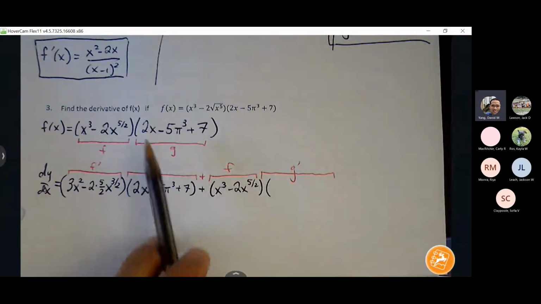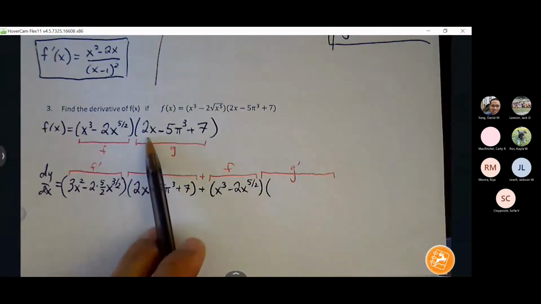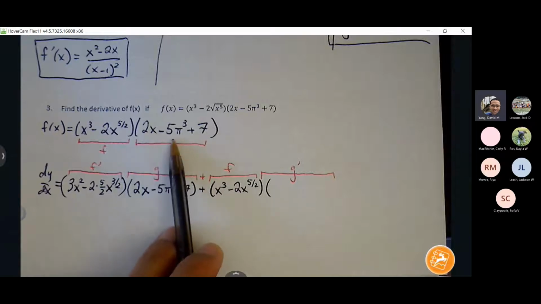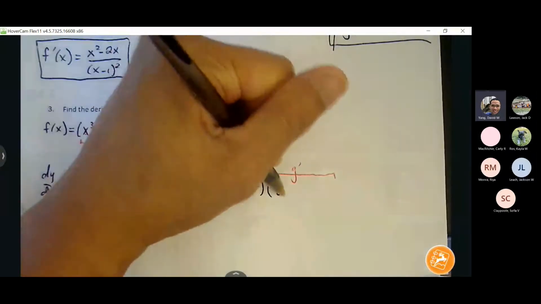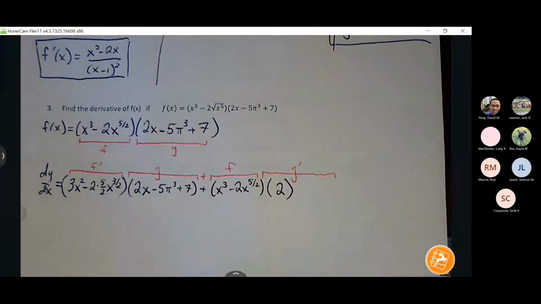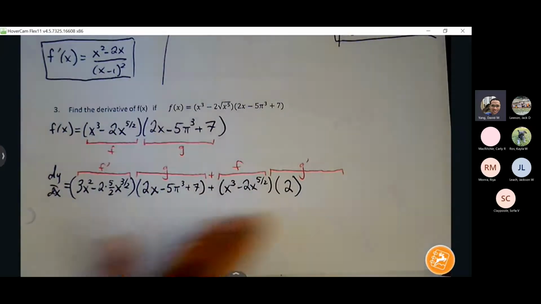Okay, G prime. What does 2x become? 2. What does 5 pi cubed become? 0. Good. What does 7 become? 0 as well. So there's only a 2 left over there. I'm not going to ask you to clean up. This is perfectly fine.